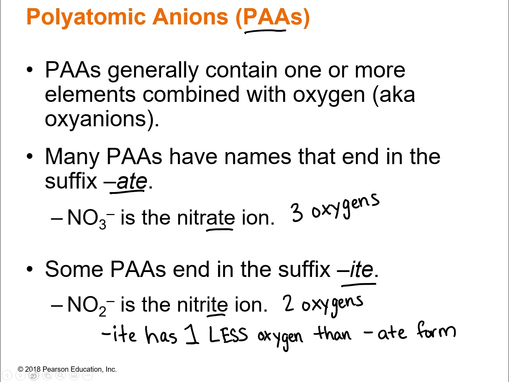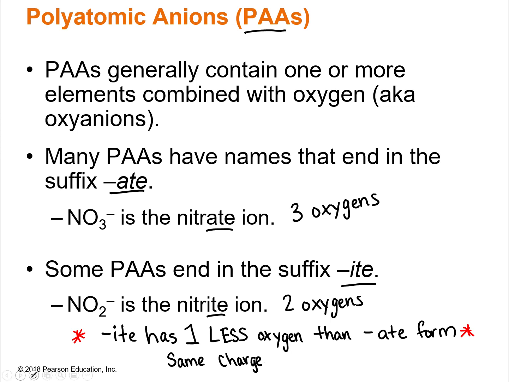So remember that rule. The ITE form has 1 less oxygen than the ATE form. And our example was nitrate with 3 oxygens. Nitrite has 2. Notice that they have the same charge. They're both -1. Different number of oxygens, same charge.